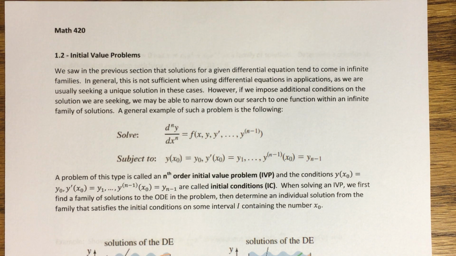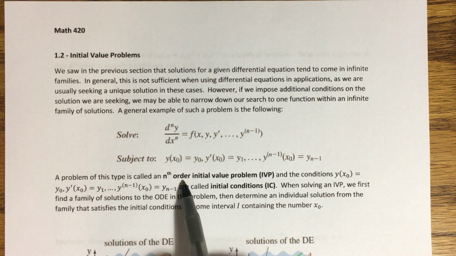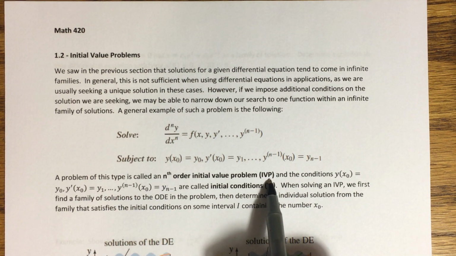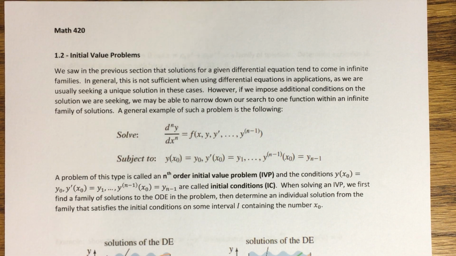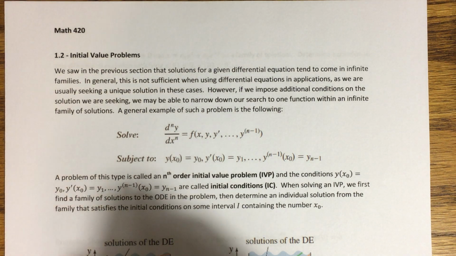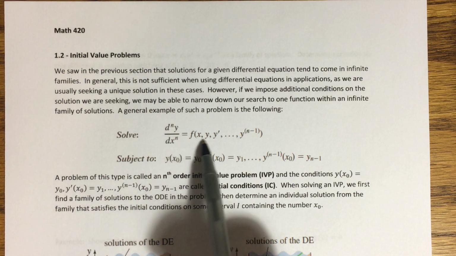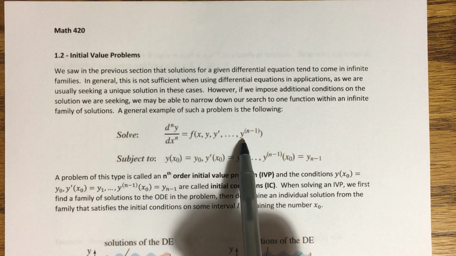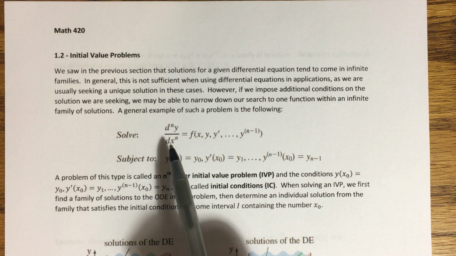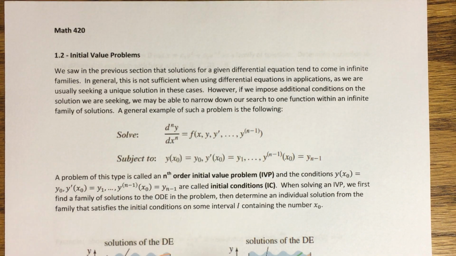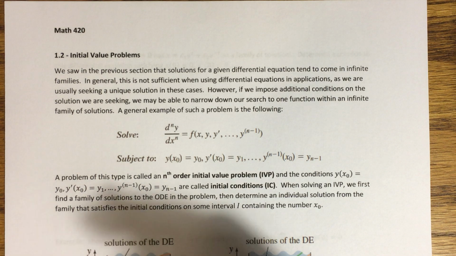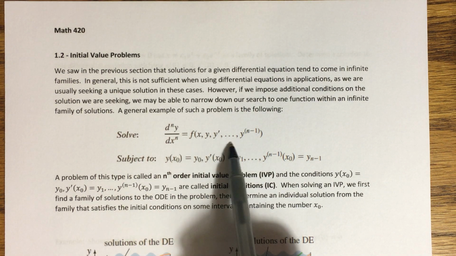So we're going to start with a definition of what an initial value problem is. Specifically, an nth order initial value problem, IVP for short. An initial value problem has two components to it. It has a differential equation that we wish to solve. Now, this differential equation right here is given in normal form, but an IVP doesn't necessarily have to start with a differential equation in normal form.